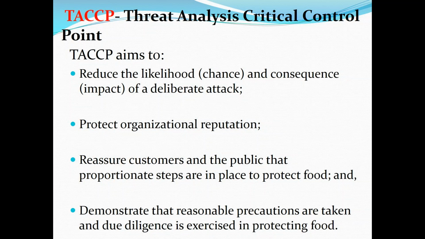But the HACCP principles only take care of food safety. That is meant for unintentional contamination, but not intentional. Whereas food fraud and food security or food defense come under intentional contamination, as we saw in one of the previous slides.